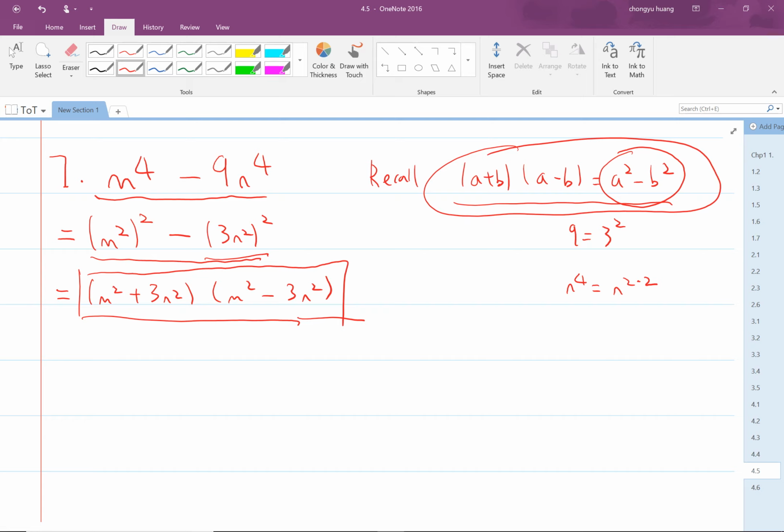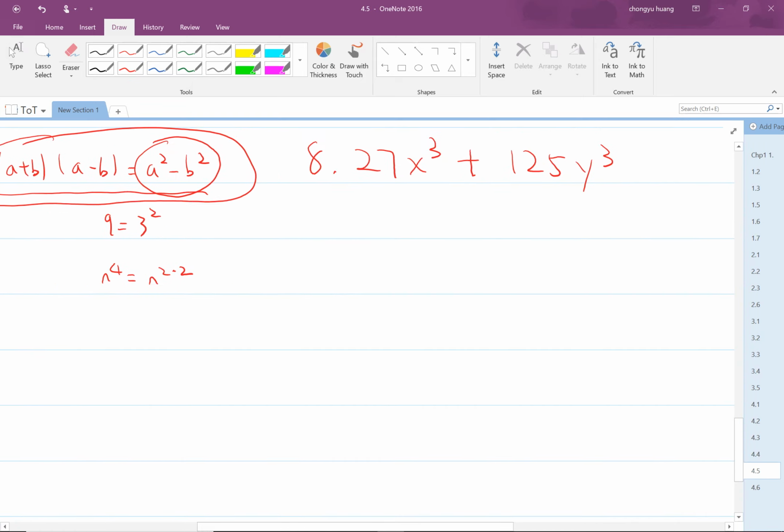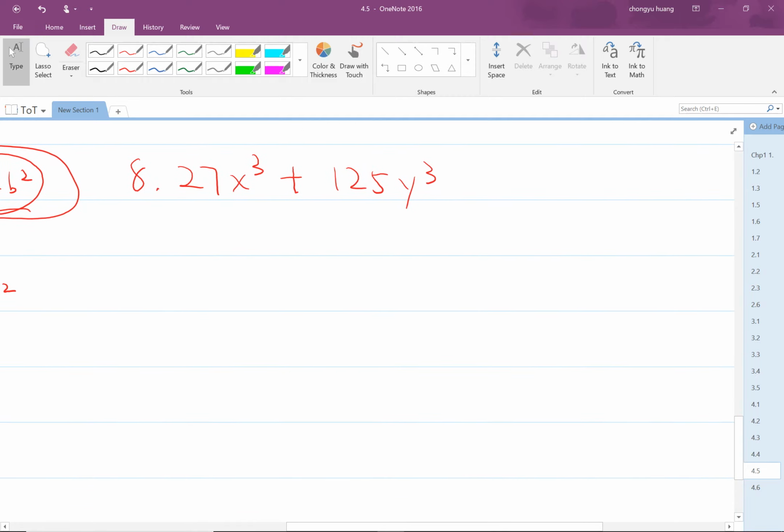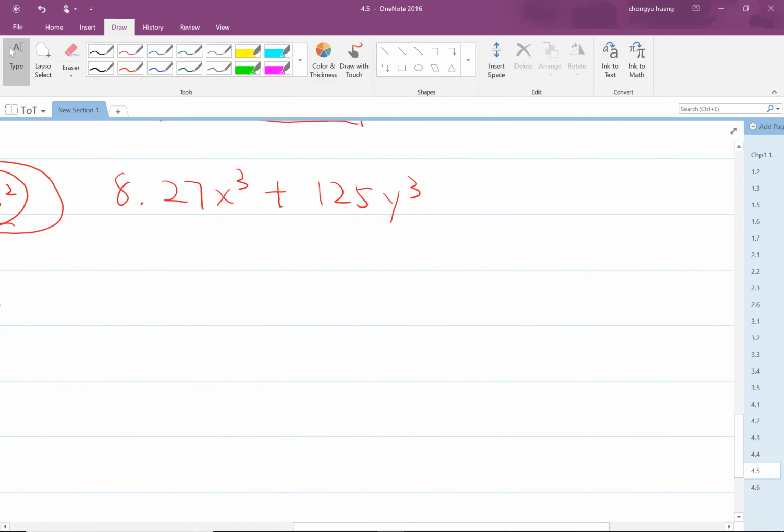Okay, so let's move into question 8. Question 8, you may feel a little bit strange over here. What we have is 27x to the power 3 plus 125y to the power 3.